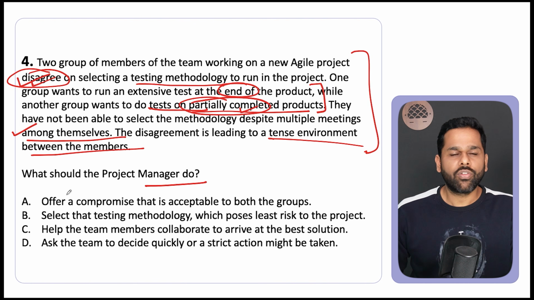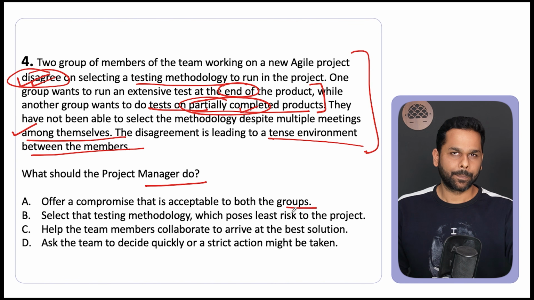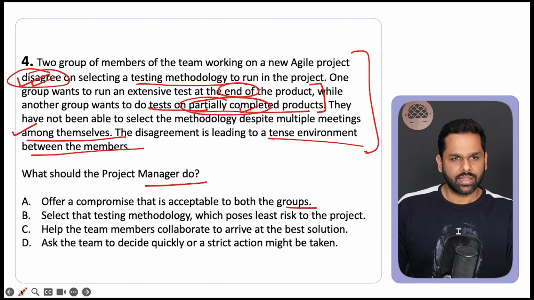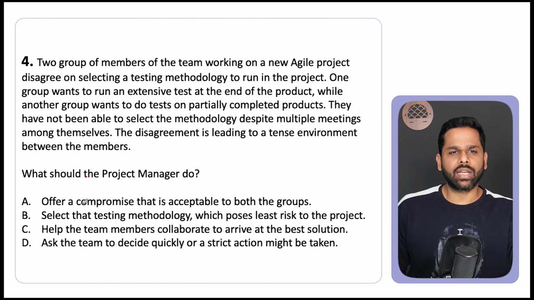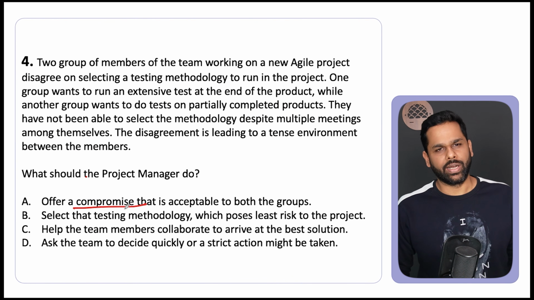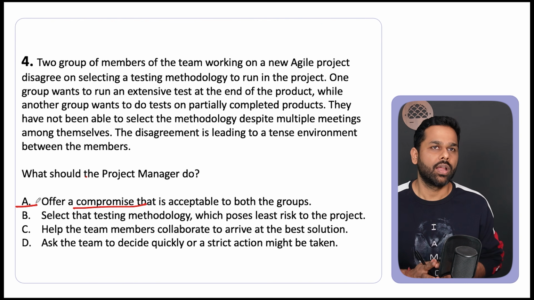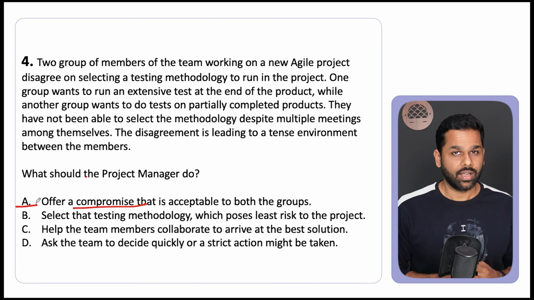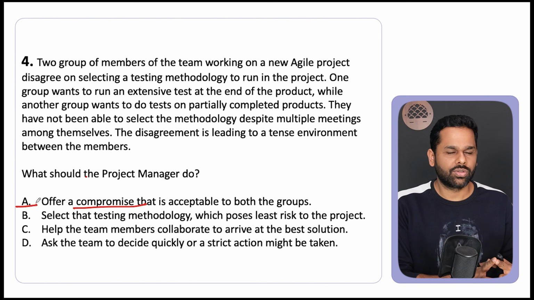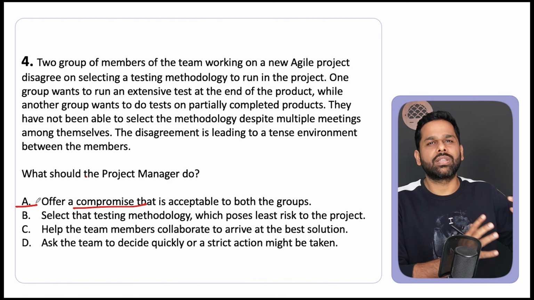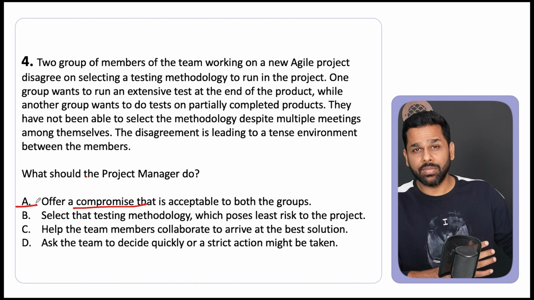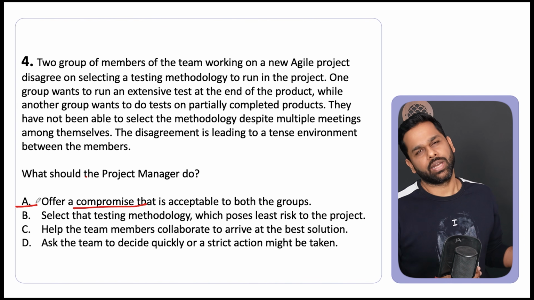Let's see. Offer a compromise that is acceptable to both the groups. In the previous question, we discussed that the compromise would be helpful because we will take a little bit of both the parties' points. So is it good? Yes. So we'll keep it. We cannot eliminate it. So what is our approach to solving a PMP question? We should try to find a mistake in the option. If I find a mistake and I'm sure about it, I'll eliminate that.